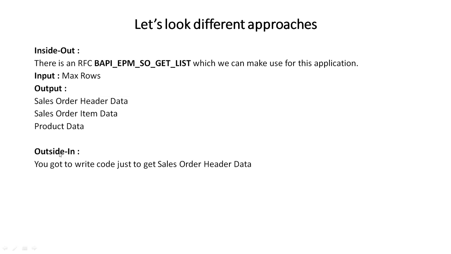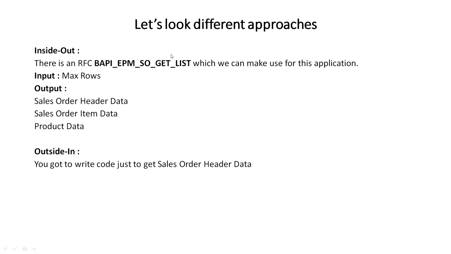In outside in, we looked at this function module, but when we request the sales order header data, this function module does extra logic to give us sales order item data and the product data, which we don't want. Since it is doing all this extra logic, it is going to take extra time to process our request.